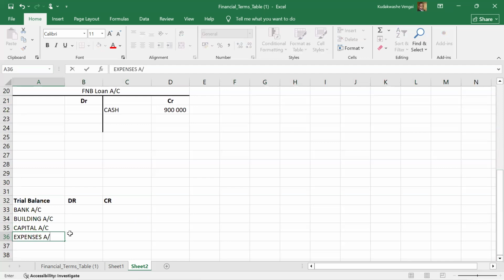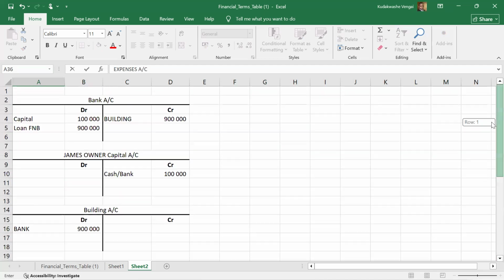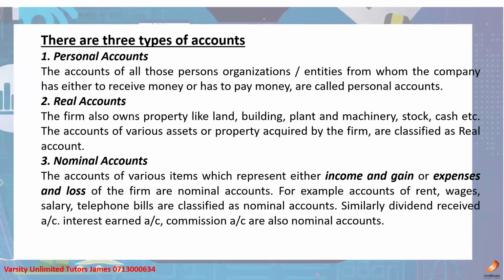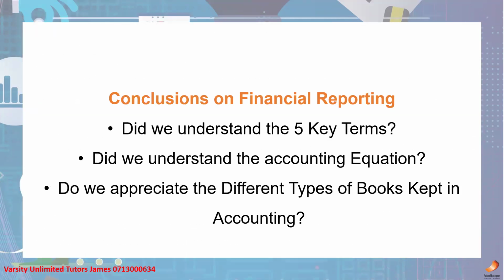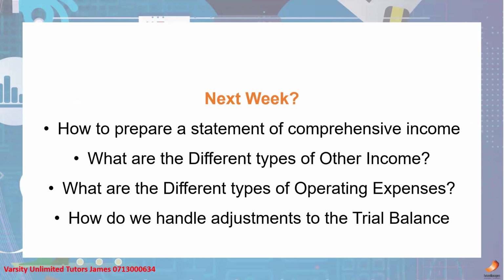He is listing each and every account of the business according to the balance that is left in that particular account. Once he has done that, we have what we call a trial balance. A trial balance is a summary of all of the accounts of the business and the values that they are in.